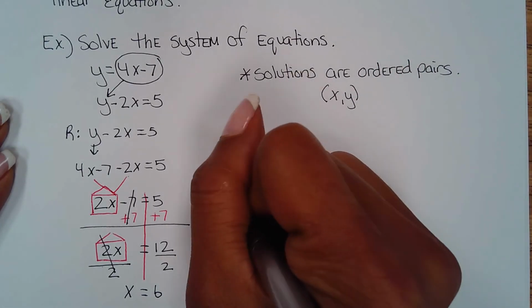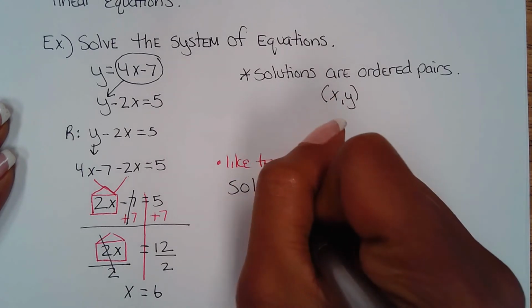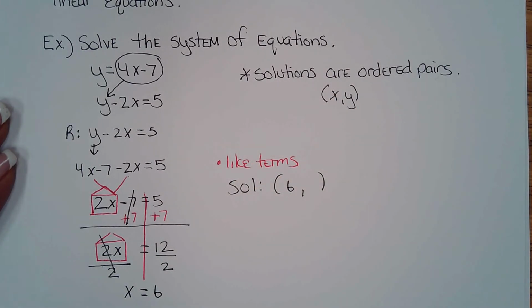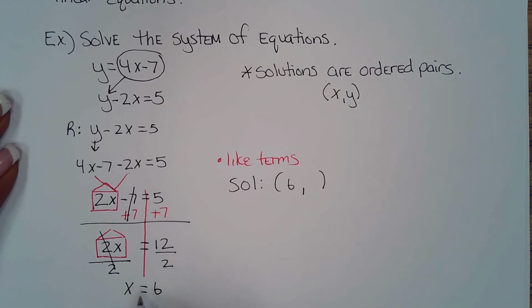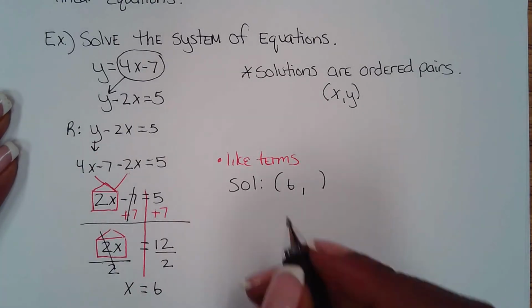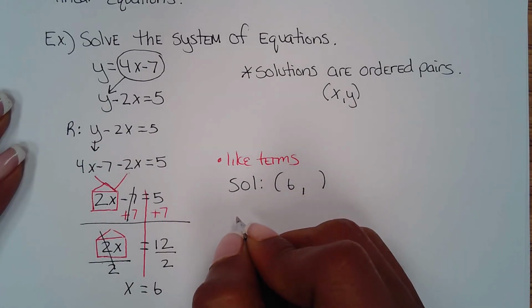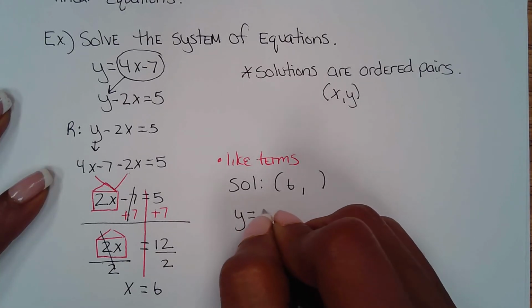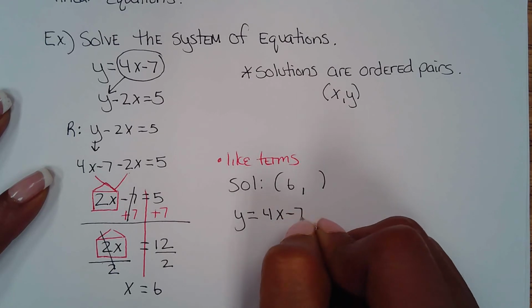All right, so for my solution, we now have half of it. The x value is 6. We need to find the y value, and I'm going to use my x equals 6 to find it. I'm going to go back to using the first equation, which is y equals 4x minus 7.